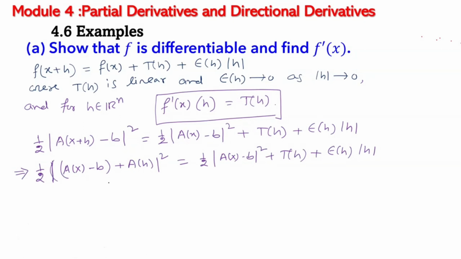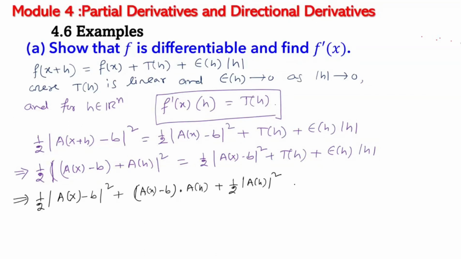So from this we will open the absolute value. This will be half of the absolute value of Ax minus b whole square plus Ax minus b dot Ah plus half Ah whole square.